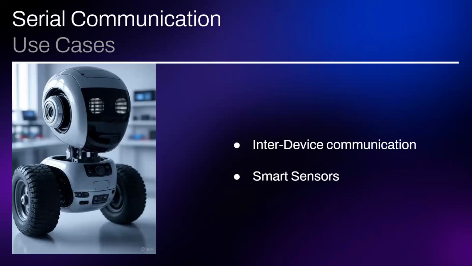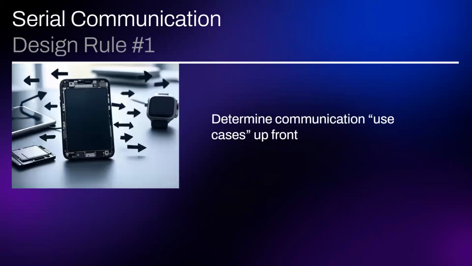I'm at this location. I'm reading that you're at this location. Stuff like that. And it'll send that out over serial link. There's lots of smart sensors now. Basically, they have an MCU embedded in them as well. So it's another special case of inter-device communication, but smart sensors is a good use case for serial devices.